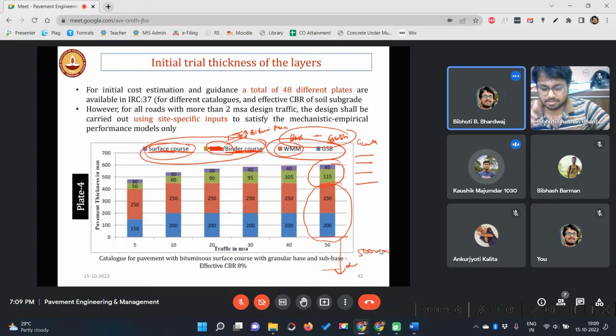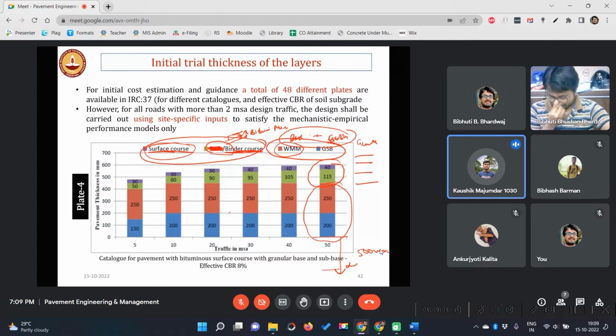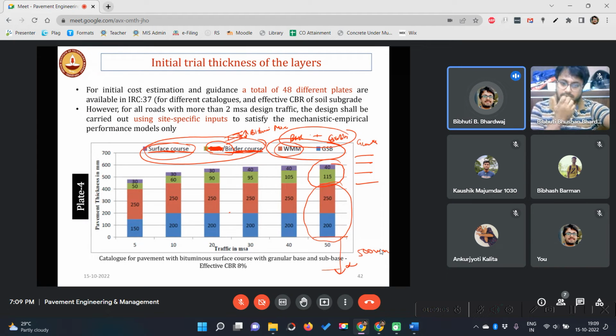We first determine how much strength is actually required, the design strength. How do you start your design?